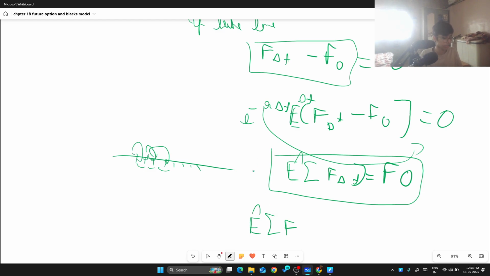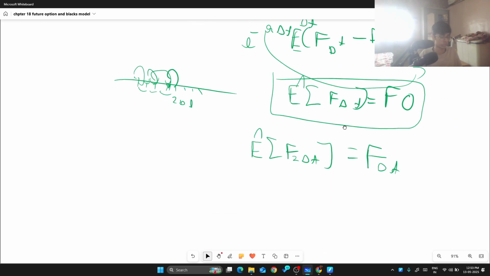I will explain in simple terms. Let's say 2 delta t: the expectation at 2 delta t is equal to F delta t. So if it is 2 delta t, its expectation value is the previous value.